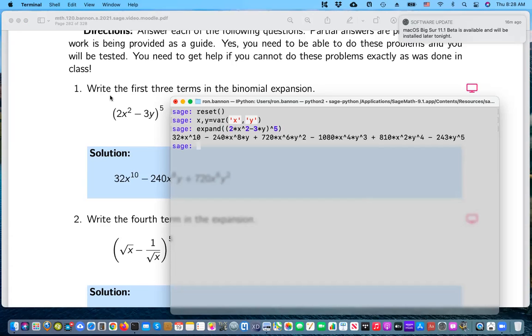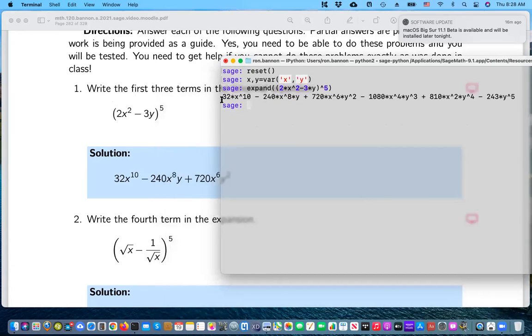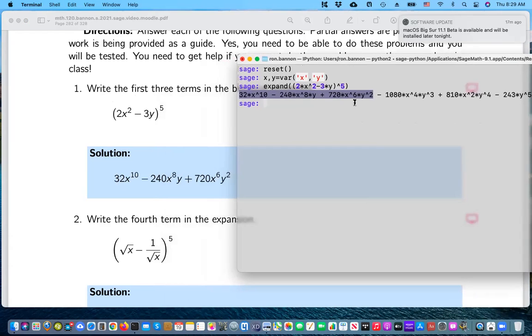Now, I want to read it to you again. It says write the first 3 terms down. So I'm going to claim these are the first 3 terms over here. Well, let's see if that's what I have written down. Well, I have 32 x to the 10th minus 240 x^8 y. That's good. Plus 720 x^6 y squared. Looking great.